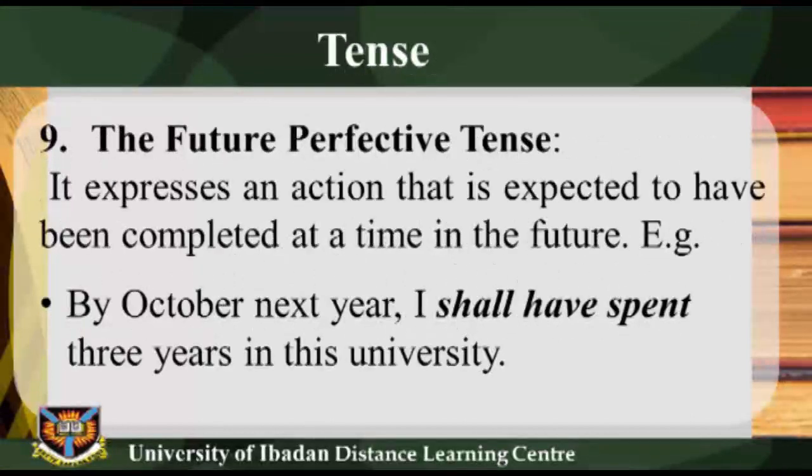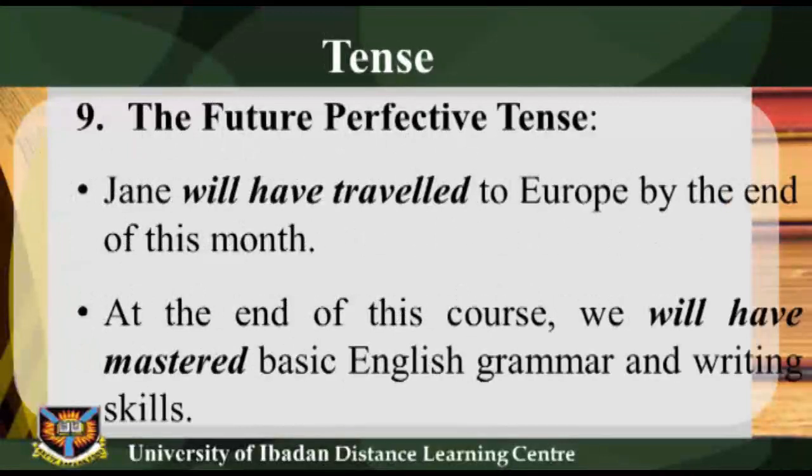Number 9. The future perfective tense. This type of tense expresses an action that is expected to have been completed at a time in the future. Here are examples. A. By October next year, I shall have spent 3 years in this university.